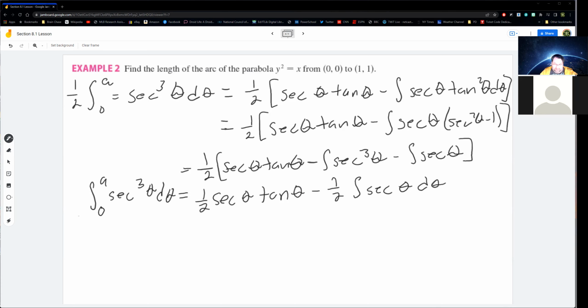Oh, I lost the theta in here with all of these. I lost the 1/2 in here somewhere. Oh, I know why.